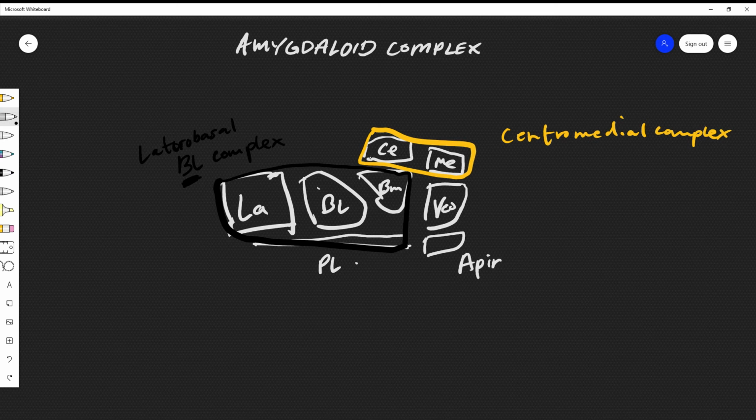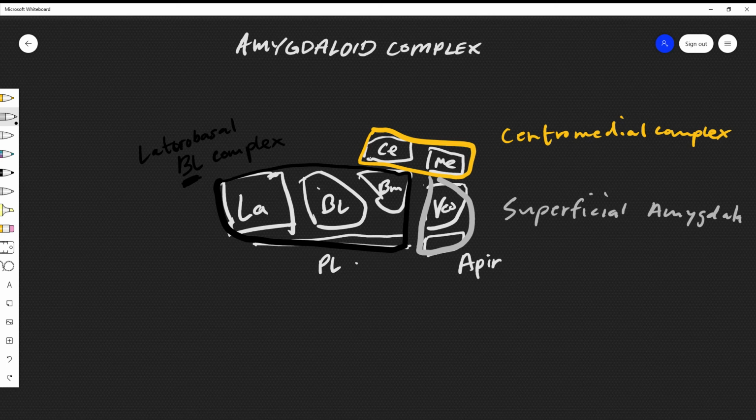And then we have the superficial amygdala here. I'll just write superficial amygdala or superficial complex.